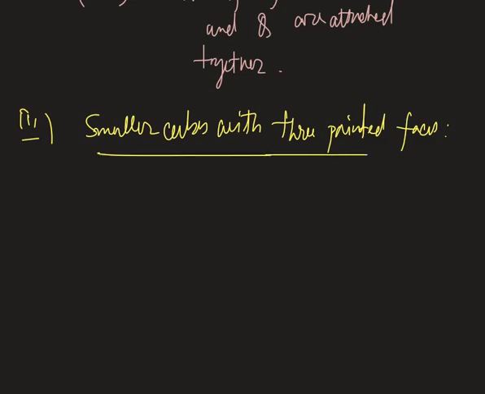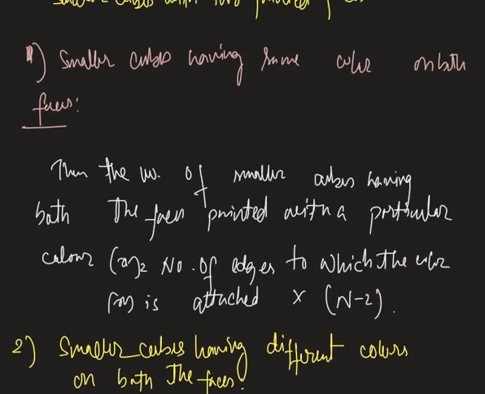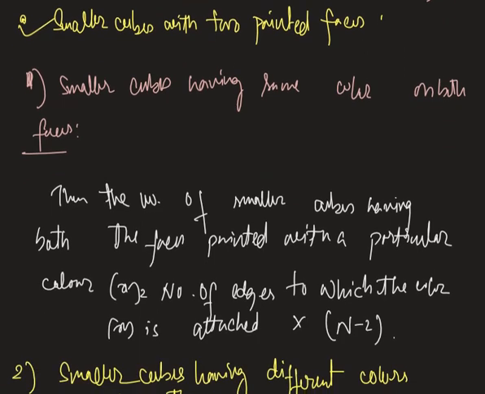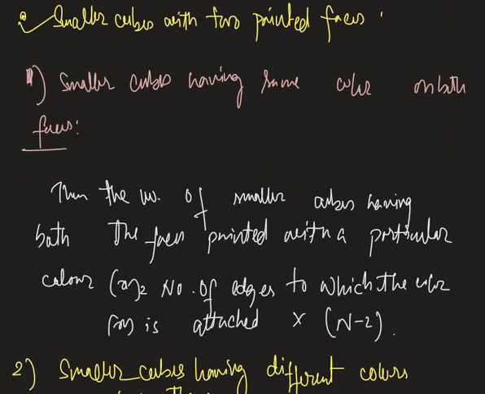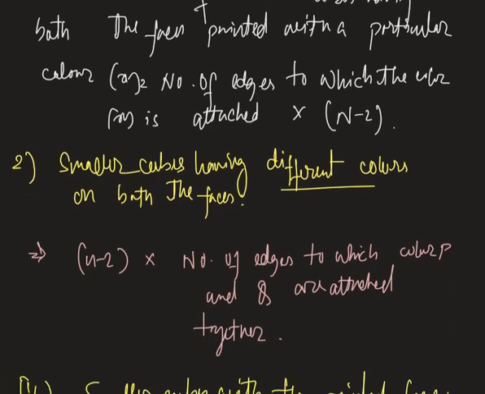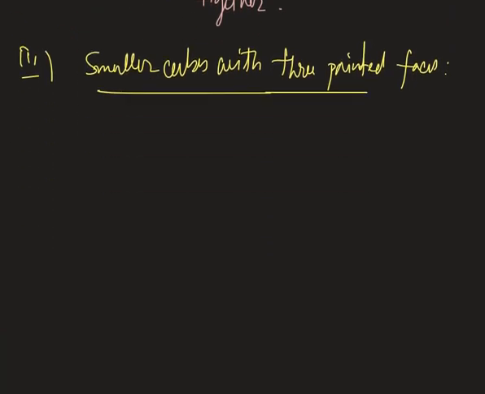We have already discussed smaller cubes with one face painted and smaller cubes with two faces painted, and we discussed two portions of smaller cubes with two painted faces, that is smaller cubes having the same color on both faces and smaller cubes having different colors on both faces. And lastly, we are now going to discuss smaller cubes with three painted faces. Such smaller cubes are always 8 in number.